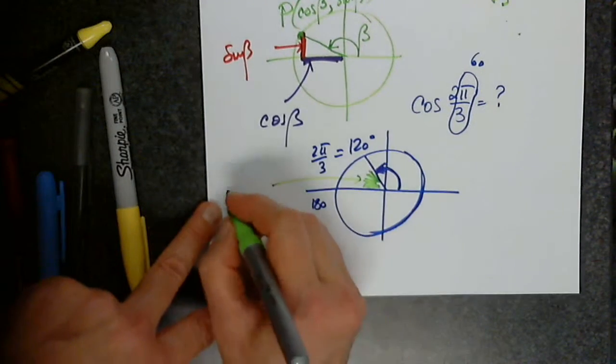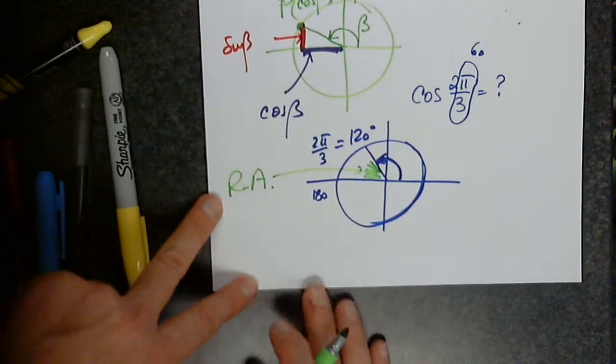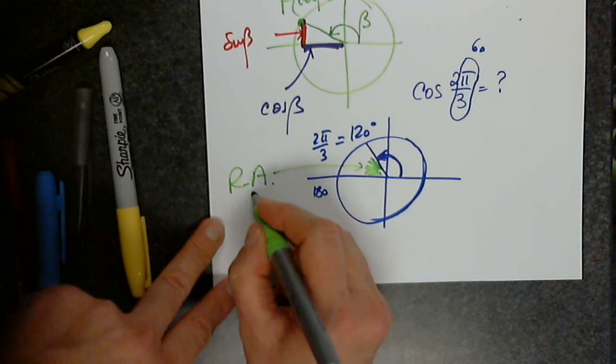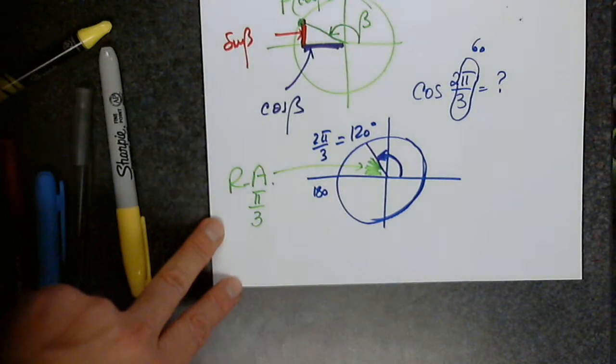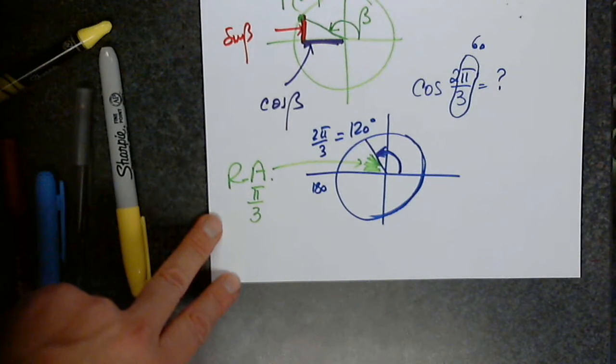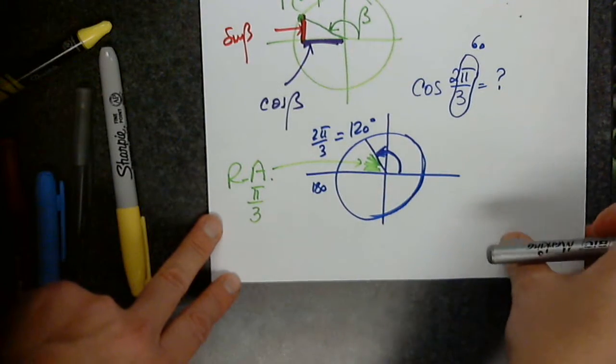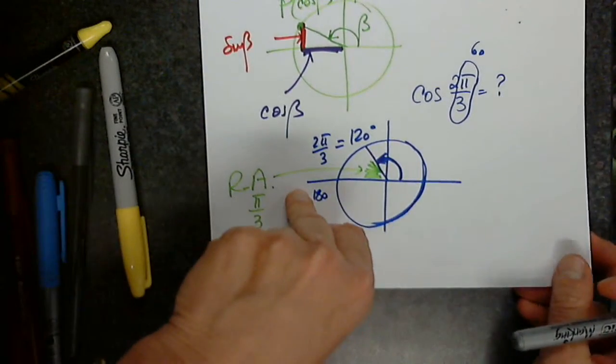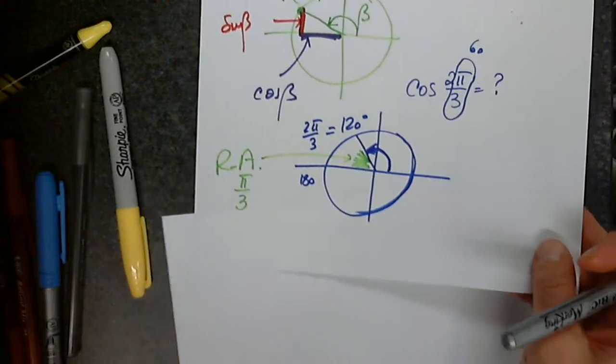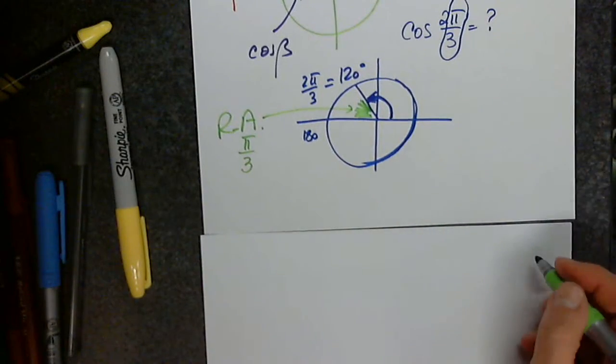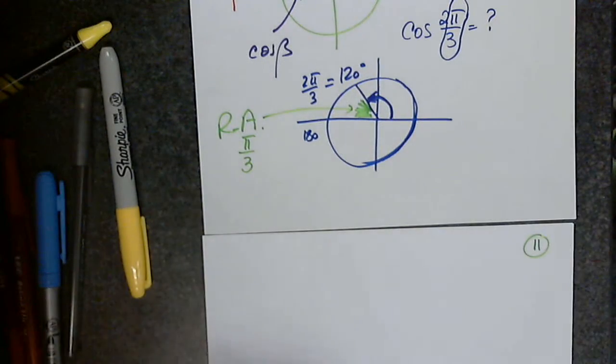Good. Can anyone identify the reference angle for us? This is the reference angle. Yes, so the reference angle is pi over 3. Okay, good. Now, where do we measure cosine? Because I need to know the sign of cosine.